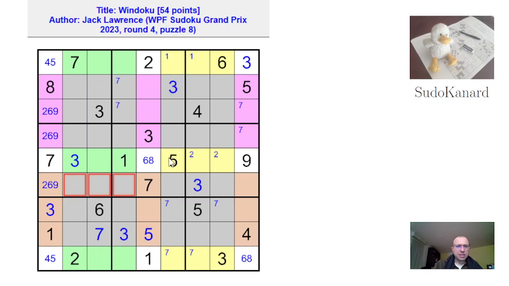There is a 5 in here, but because of this 5, 5 is located in here. So no 5 here, no 5 here, no 5 here. So the 5 of this window is somewhere in here. What about this window? 5 is not here, it's not in here, it's not here, so it's here. Nice.